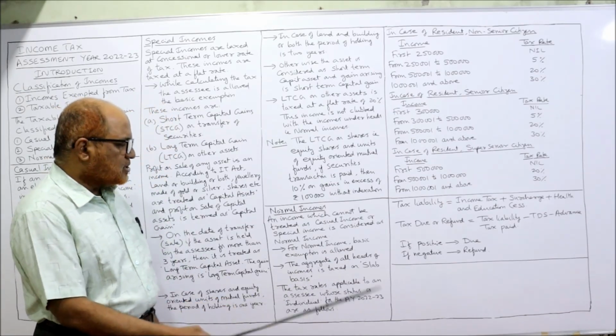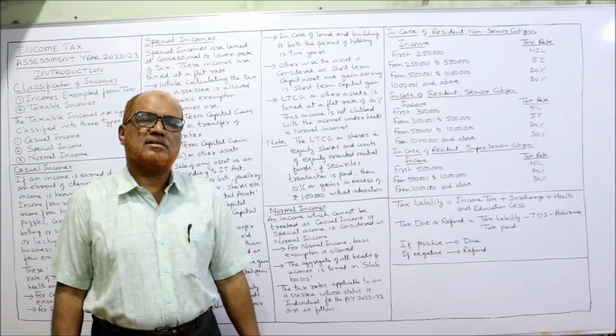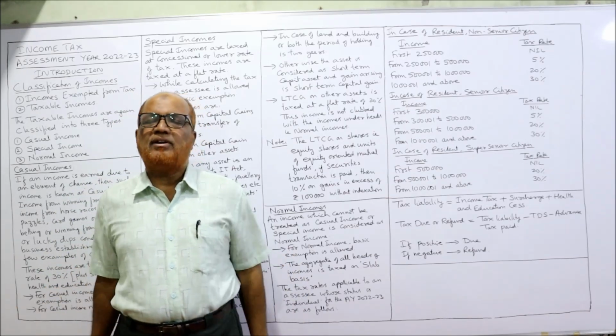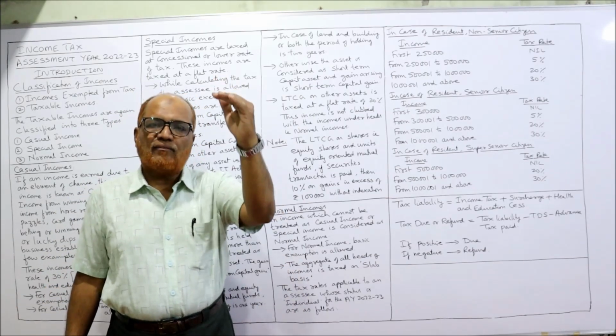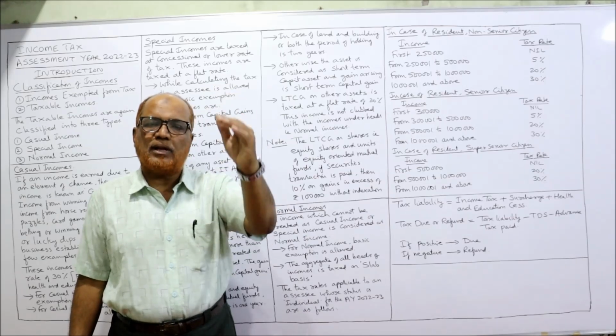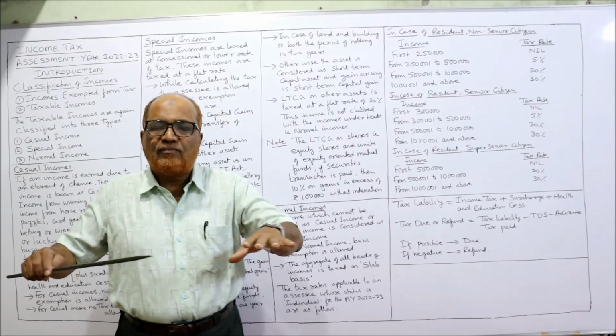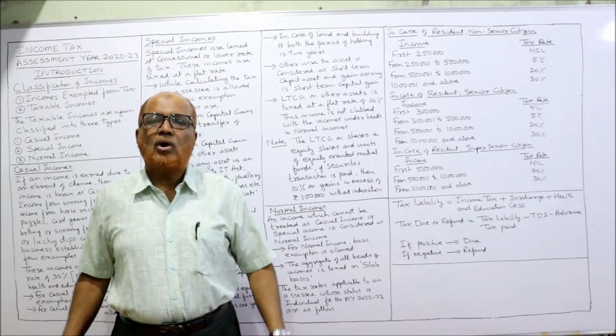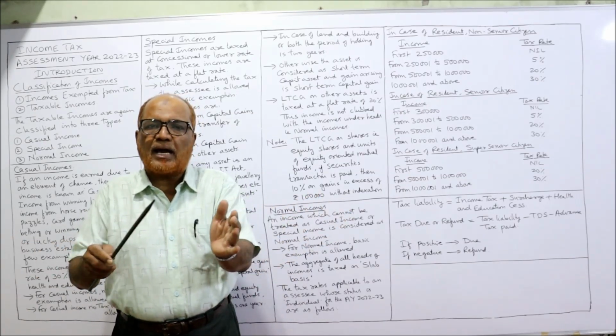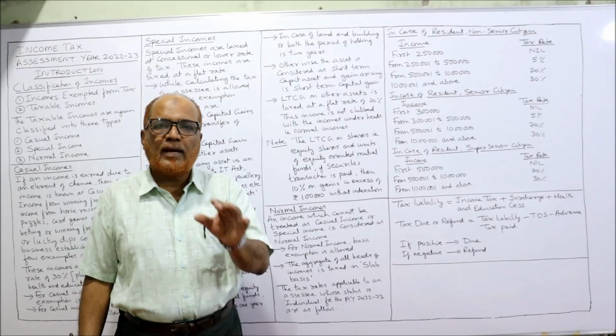The aggregate of all heads of income is taxed on slab basis. The person may have different sources of income: income from salary, income from house property, profits and gains of business or profession, other sources. He has different types of other incomes. All the sources of income will be aggregated together.